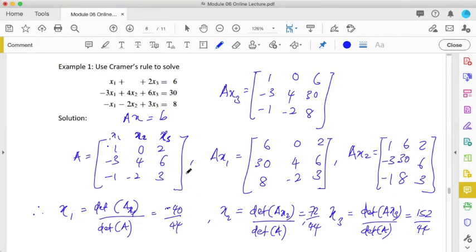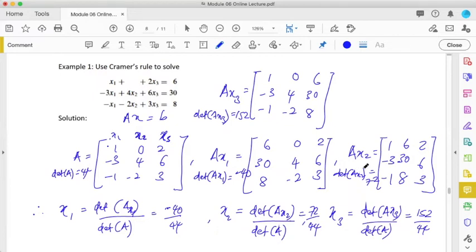That means the determinant of A is equal to 44, the determinant of AX3 is equal to 152, the determinant of AX1 is equal to negative 40, and finally the determinant of AX2 is equal to 72. Okay, so this is another way to solve a system of linear equations.